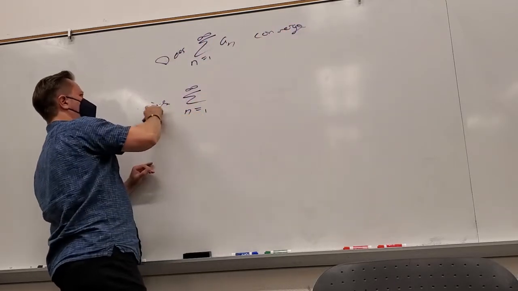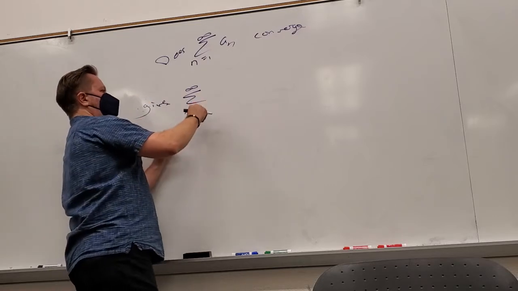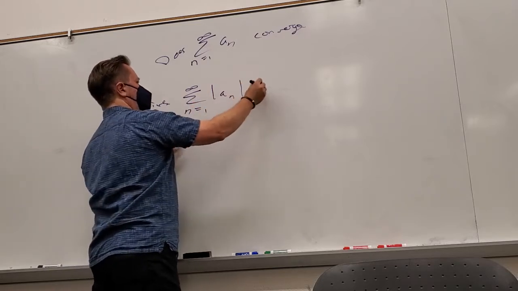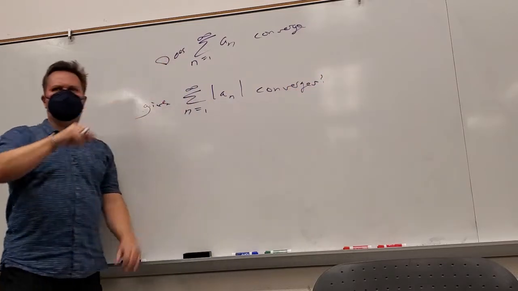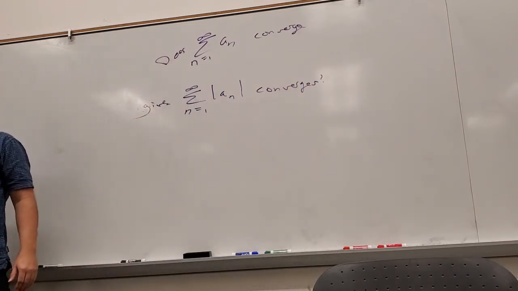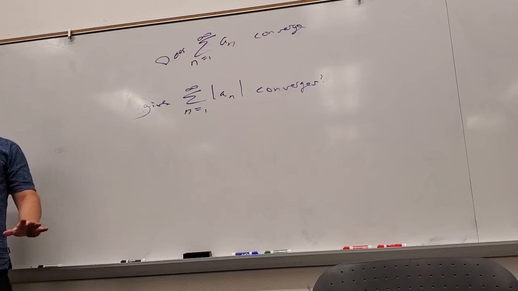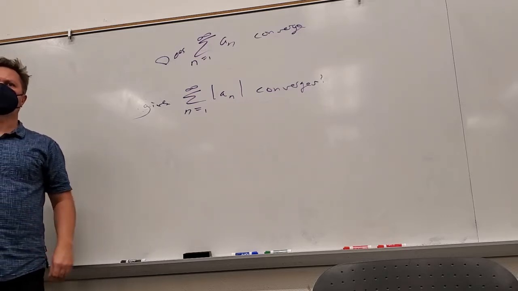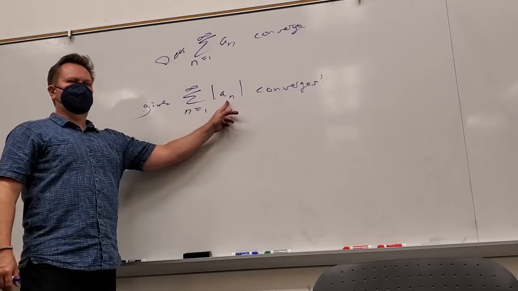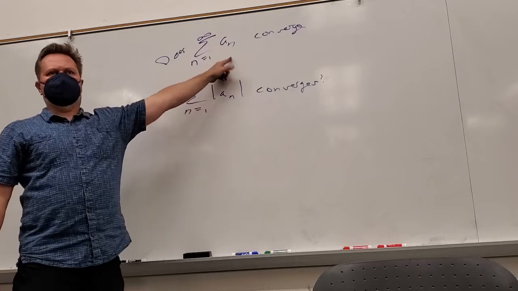Does this information help me at all? So think about it for a moment. Why does it make sense that that would tell me if this converges? Why does that necessarily mean that this converges?